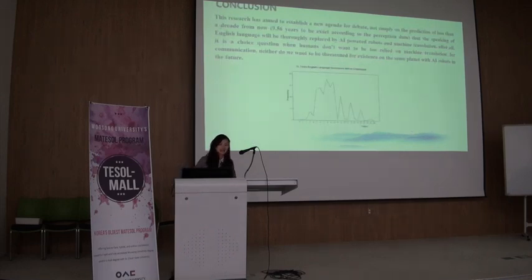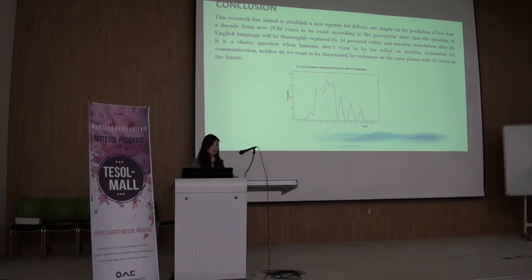Okay, this research has aimed to establish a new agenda for debate, not simply on the prediction of less than a decade from now, which is 2018 October, by the time the data was collected, exactly 9.56 years, that the speaking of English will not be dominant, or will be thoroughly replaced by artificial intelligence-powered robots and machine translation.